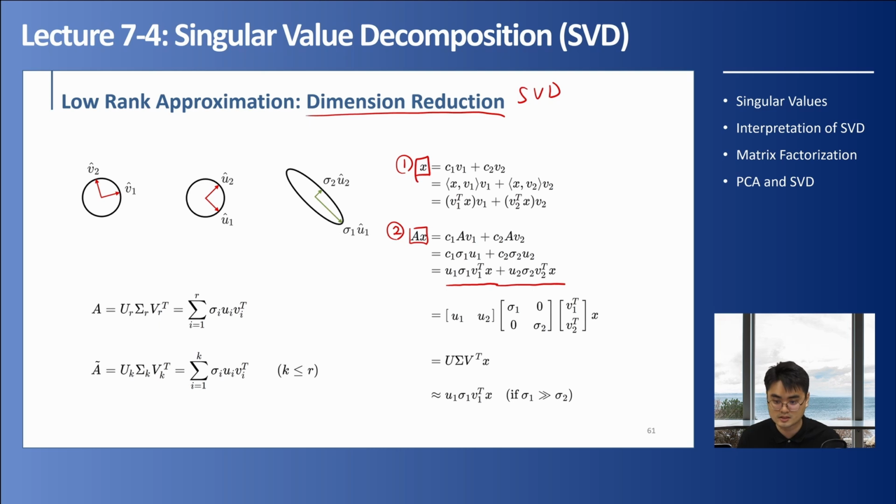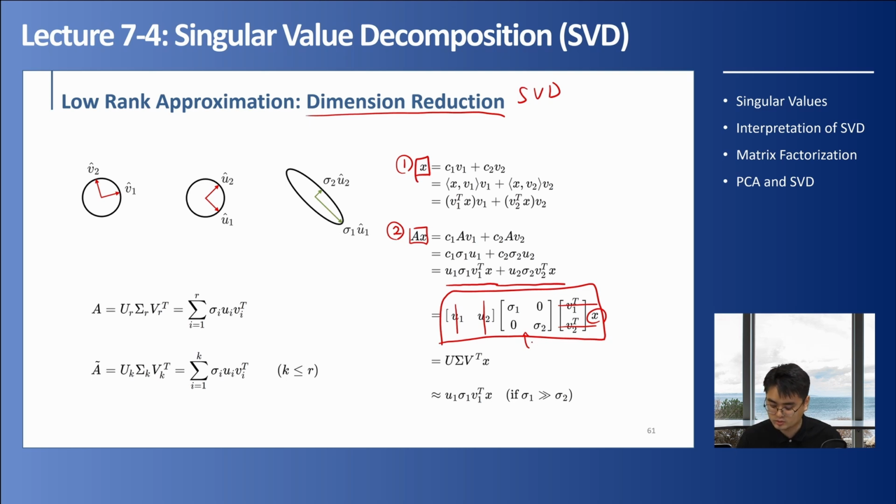And if we write this in a matrix equation form, we're going to get some equation like this one. Here we have our U1 vector, U2 vector, V1 vector transpose, and our singular values, sigma 1 and sigma 2 here, multiplied by x.